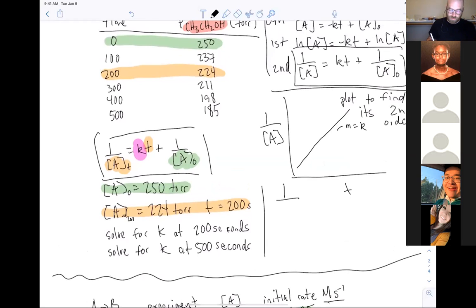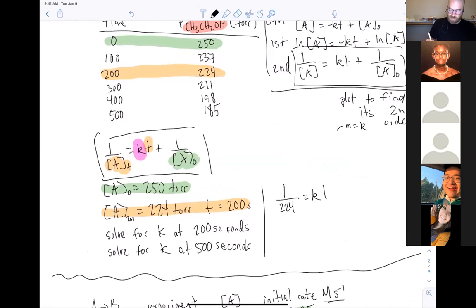So if we have 1 over A sub t, let's say we're using 224, is equal to k times 200 plus 1 over A sub o, which we said is 250. Oh, I should have solved for k.